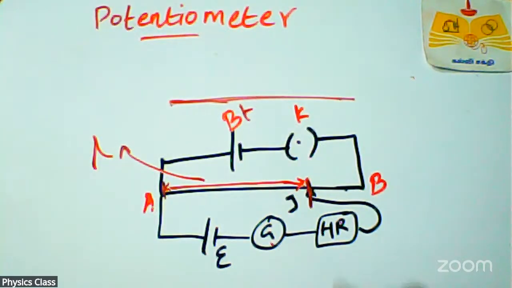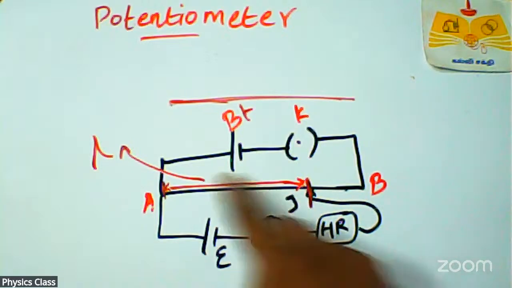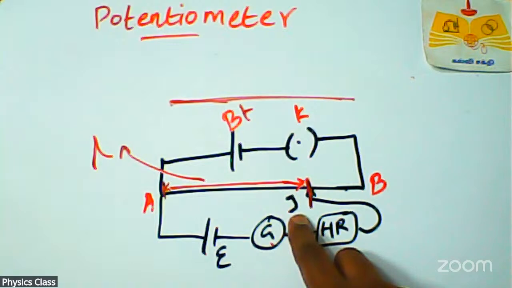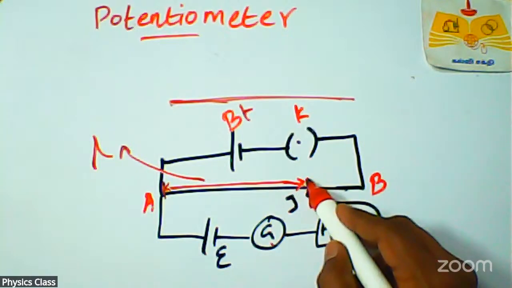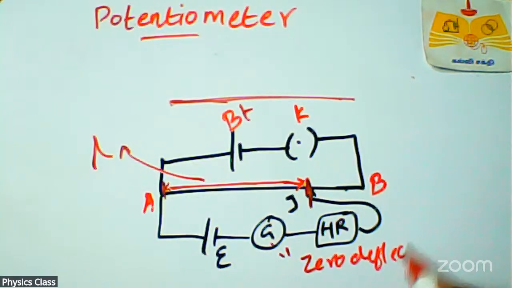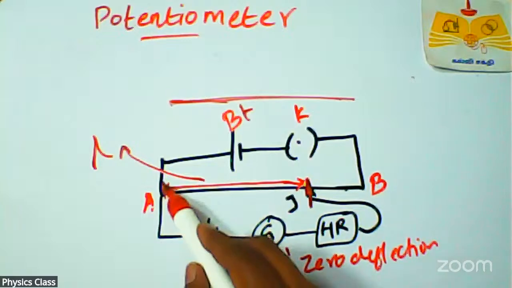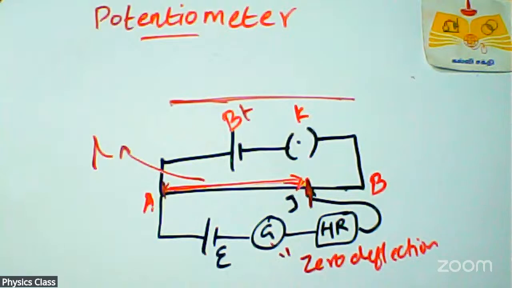Let the contact be made at any point J, that is the jockey, on the wire. Suppose the galvanometer shows 0 deflection here, and we have to measure this length. Why do we need to measure the length here?